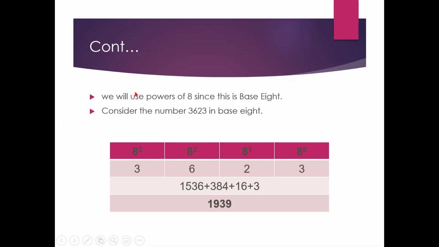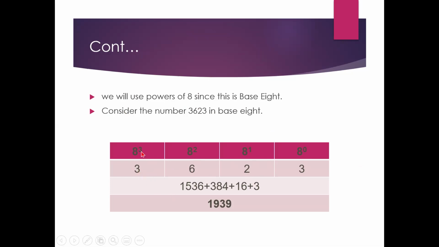As we have seen in the case of the binary number system, here also we use powers of 8, since this is base 8. Consider one example, 3623 in base 8. The first digit is represented as 8 power 0, 8 power 1, 8 square, 8 cube.